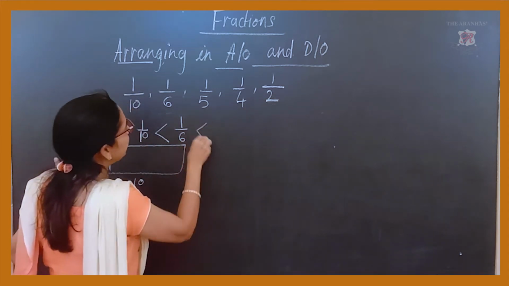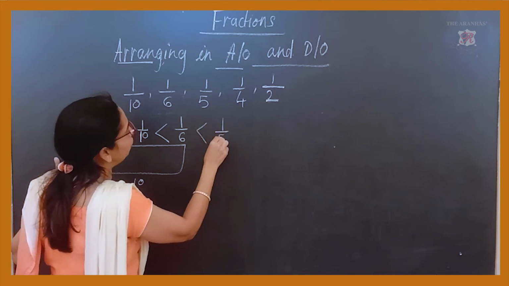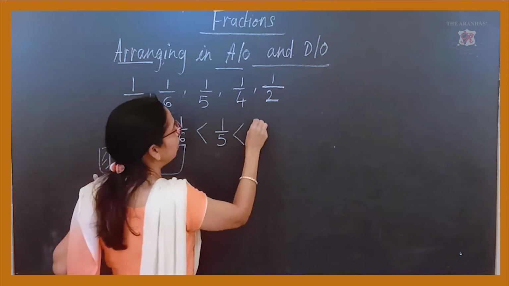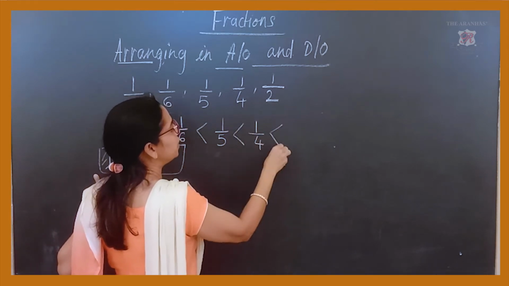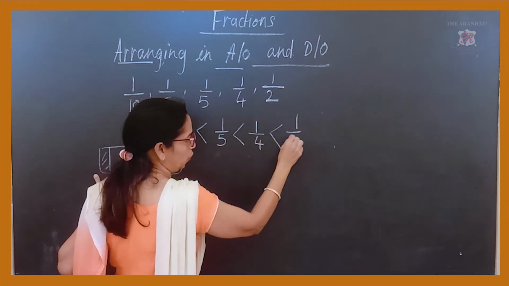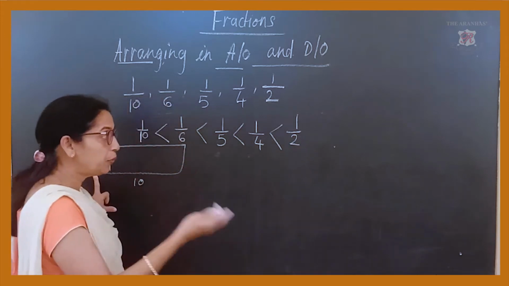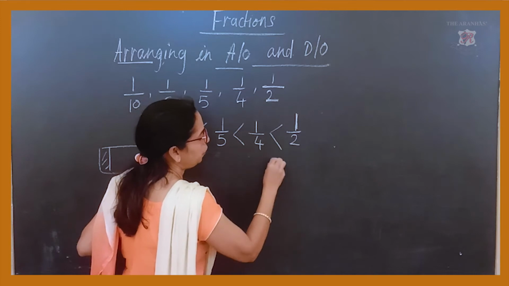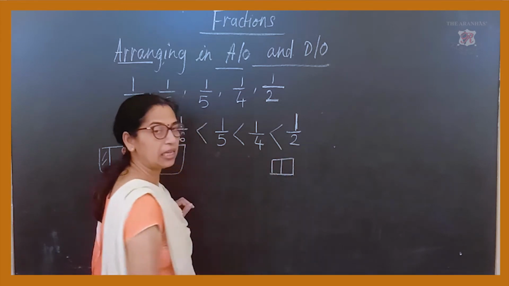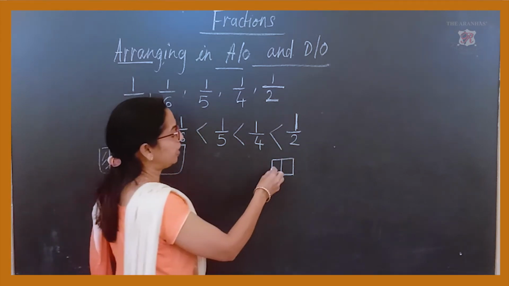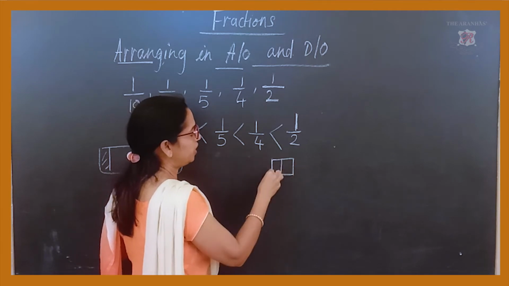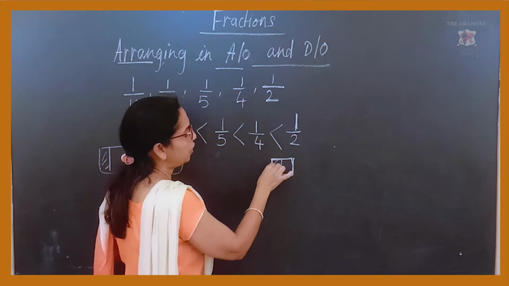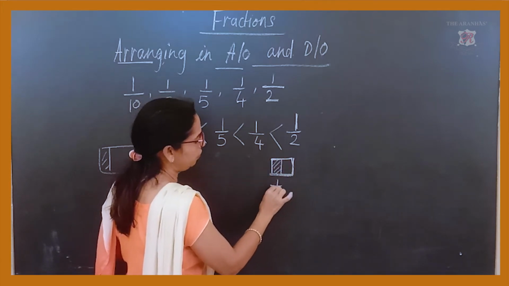Same way, 1 upon 5 is smaller than 1 upon 4, and 1 upon 4 is smaller than 1 upon 2. Because you can confirm, if we divide a square into 2 equal parts and take 1, this is 1 half.